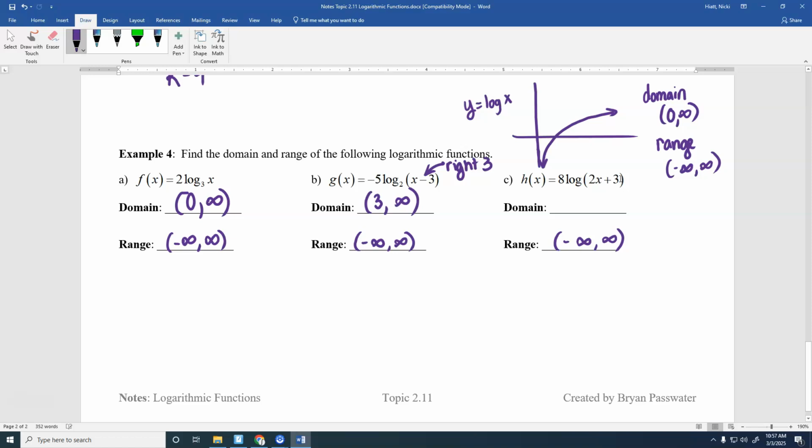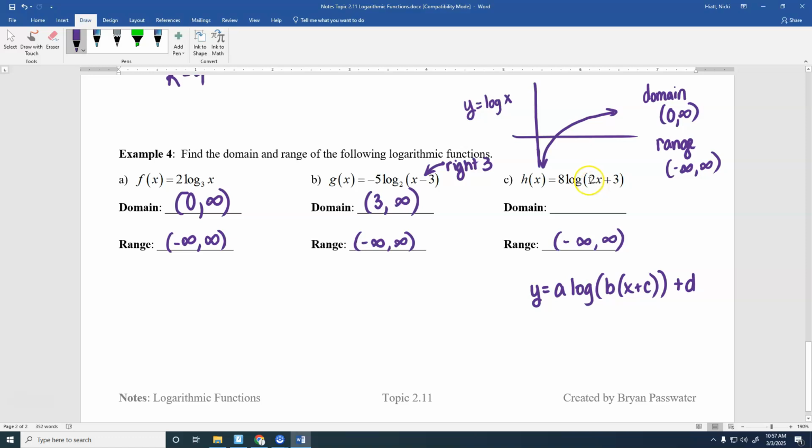I don't know that any of us have asked you to look at horizontal expansions and compressions at the same time as shifts left and right yet, but whenever you're shifting something left and right, like if I have y equals a log of bx plus c plus d, that sort of has to be factored out front.